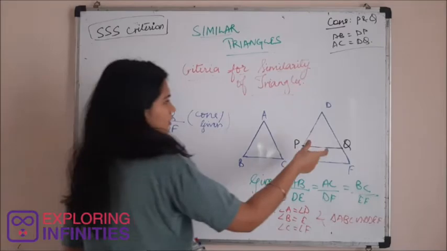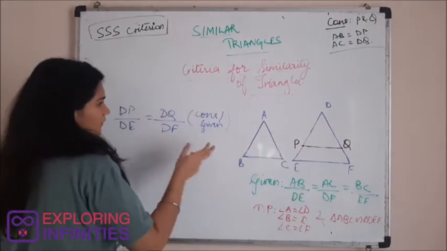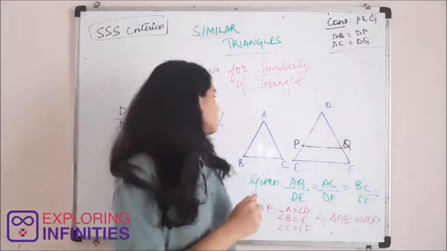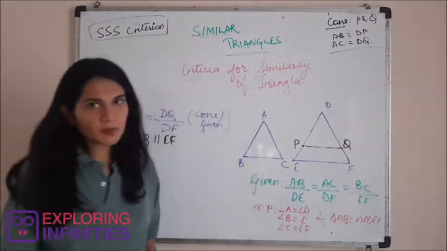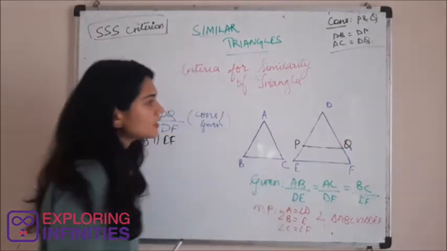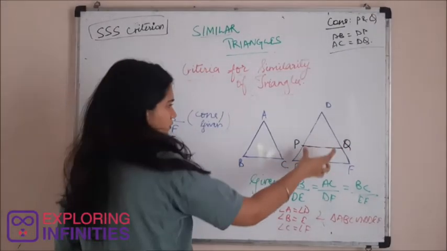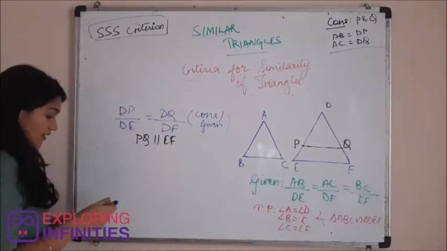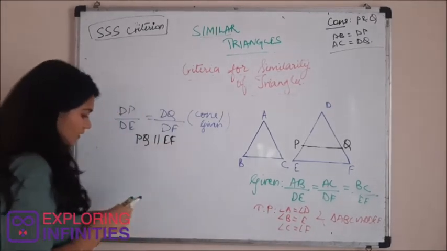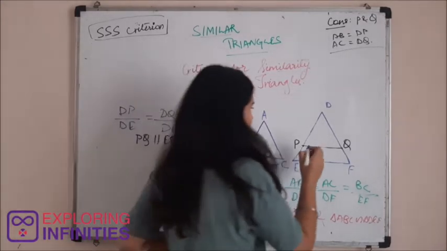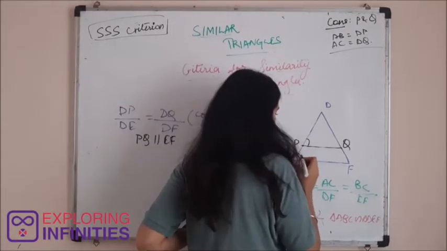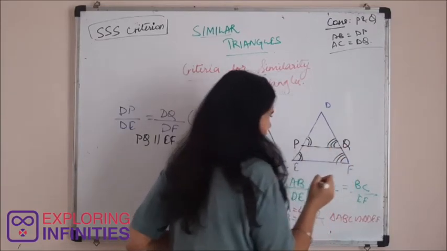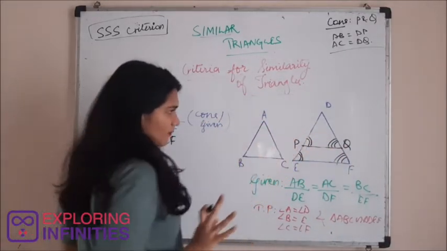Since the ratio is the same, can we say that PQ is parallel to EF? How? Because of the basic proportionality theorem, since the proportion is equal, you can say that those two lines are parallel. So we have this thing with us. Now because of that, can we say that angle P is equal to angle E and angle Q is equal to angle F, since these two lines are parallel?